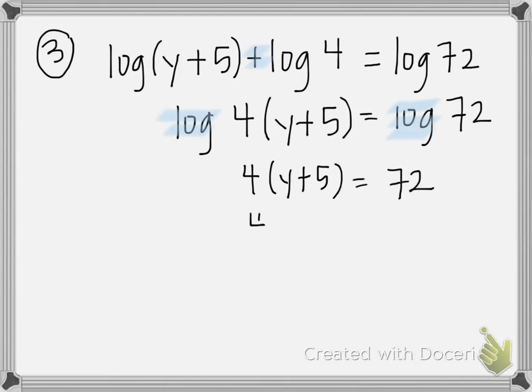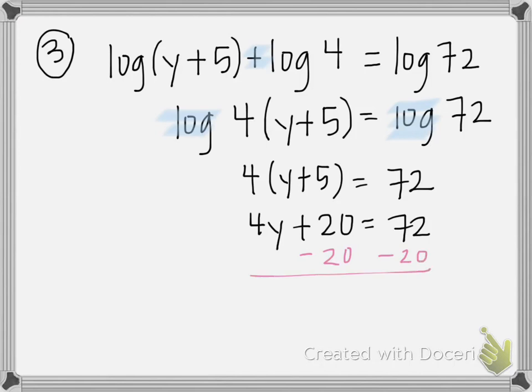Okay. So we'll solve. So 4y plus 20 is equal to 72. We will subtract 20 on both sides. So I'll get 4y is equal to 52, and then divide both sides by 4.